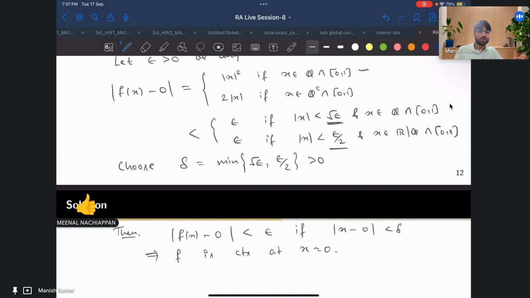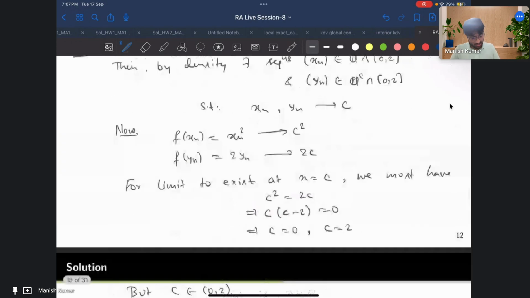Similarly, you can prove it for x equal to 2. I'm not going to prove it, but I'll tell you briefly.